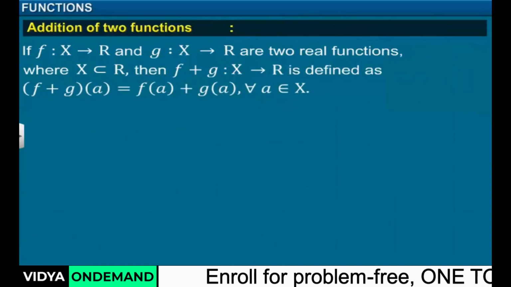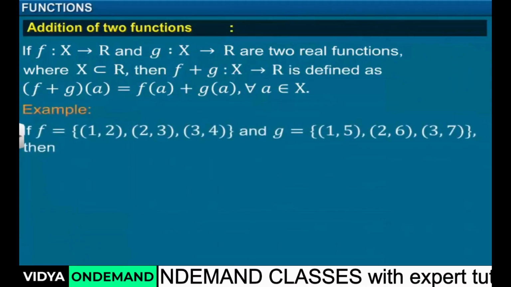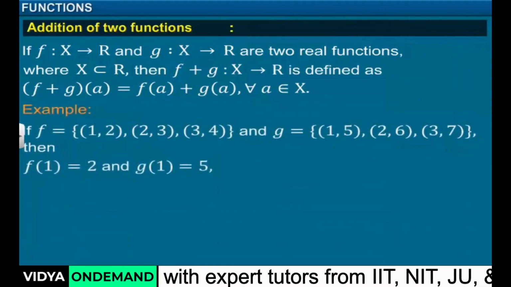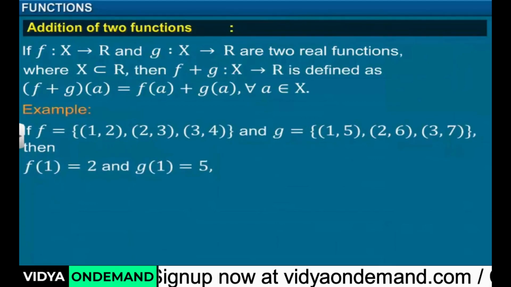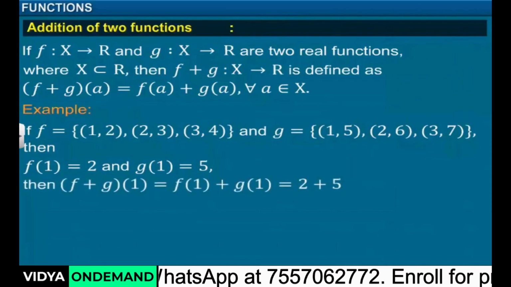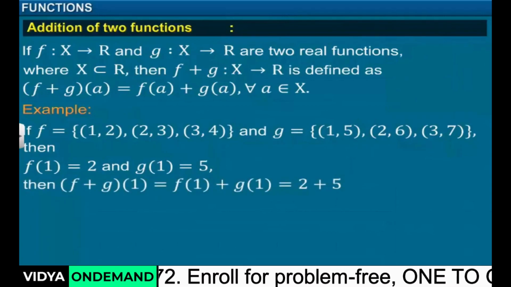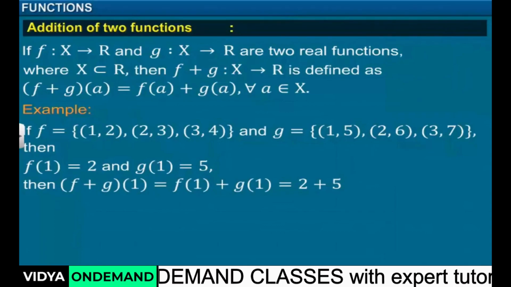Let f and g be the sets as shown. f of 1 is equal to 2 and g of 1 is equal to 5. Then (f plus g) of 1 is equal to f of 1 plus g of 1, that is 2 plus 5.